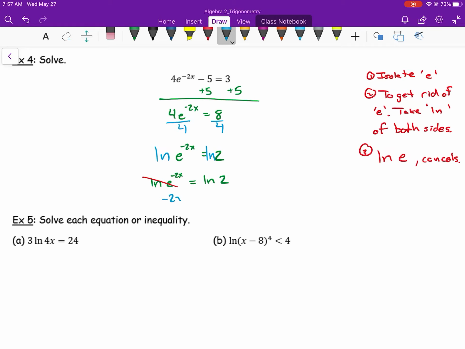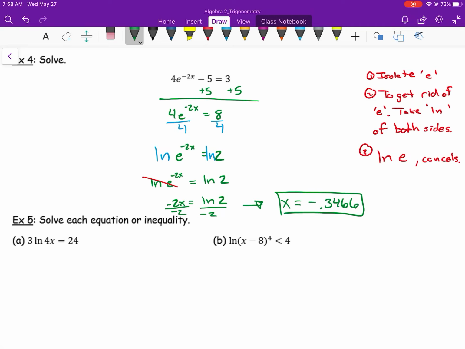So you get negative 2x equals the natural log of 2. Divide by negative 2. So we get x equals, now in the calculator just plug in the natural log of 2 divided by negative 2, and we're going to get negative 0.3466.